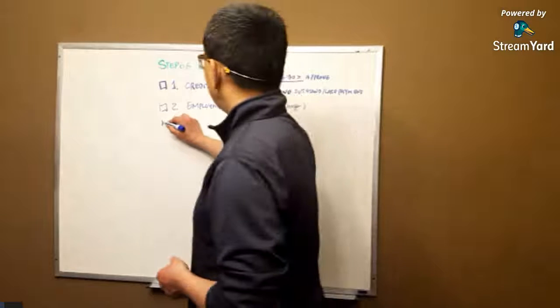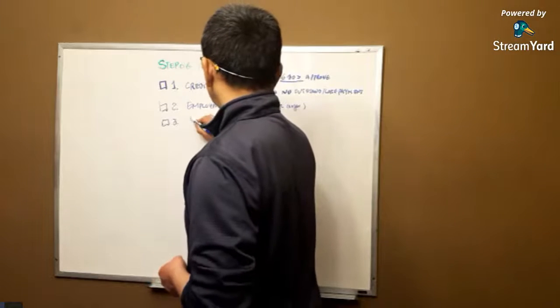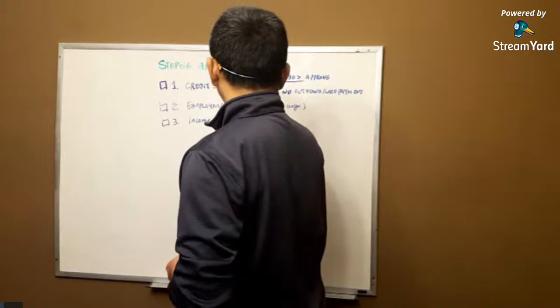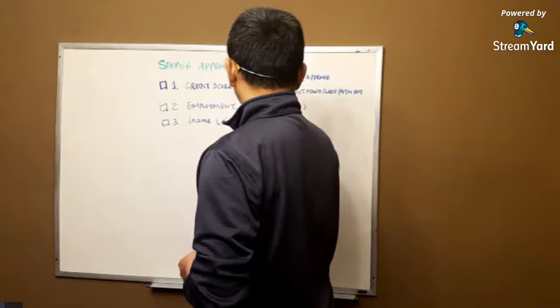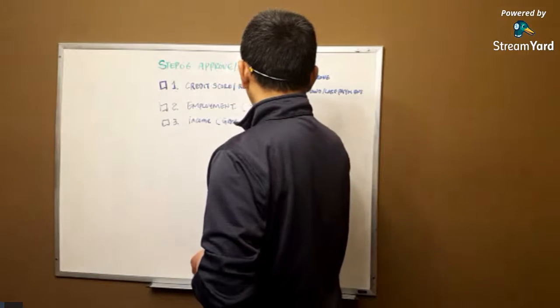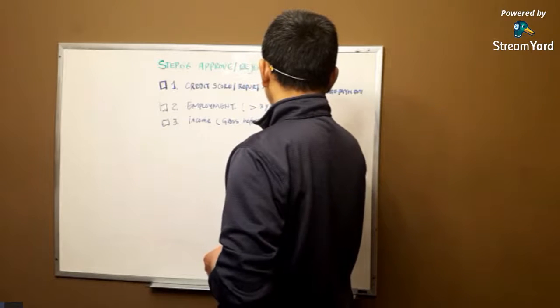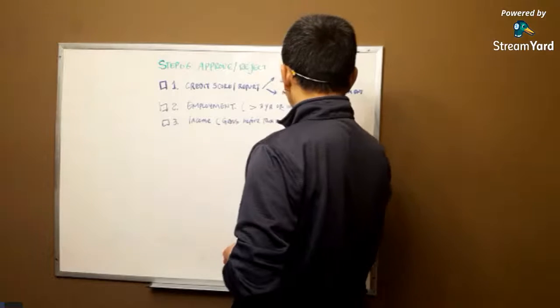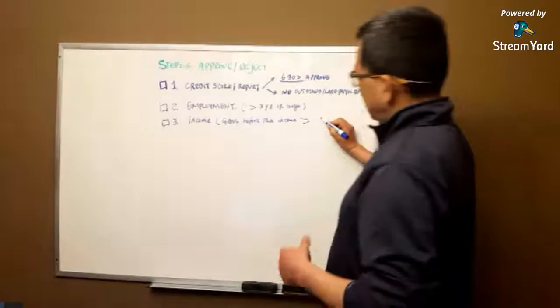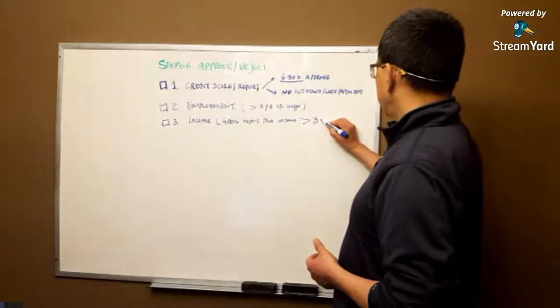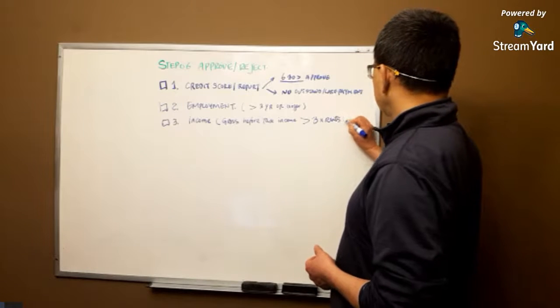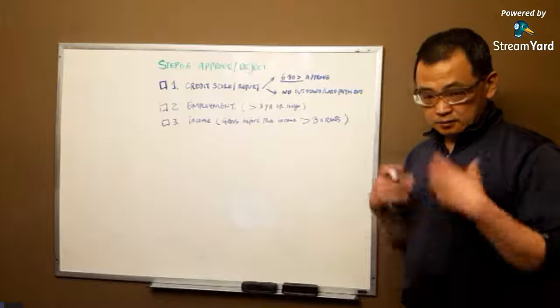And the very third one is what we call income. What you want to see is the gross, before tax, monthly income should be 3 times the rent as a minimum.